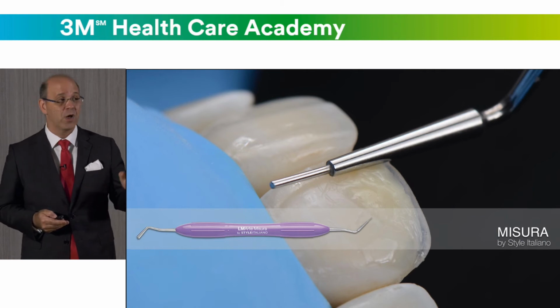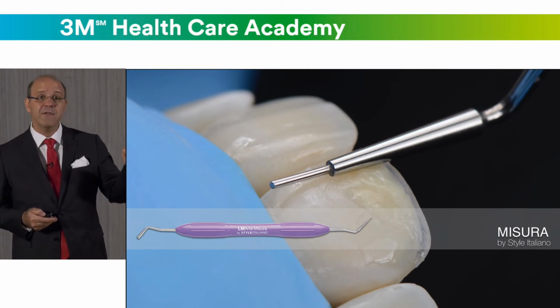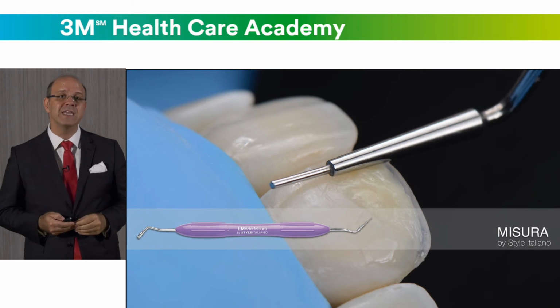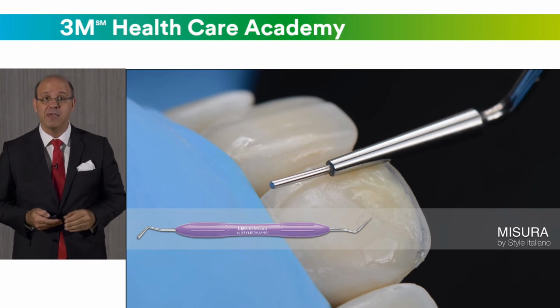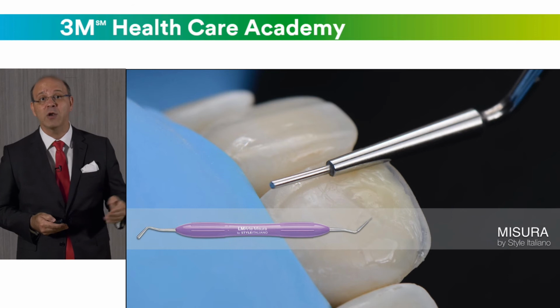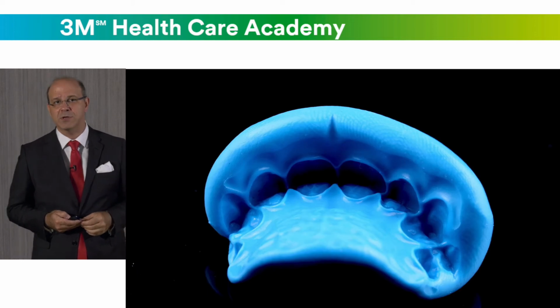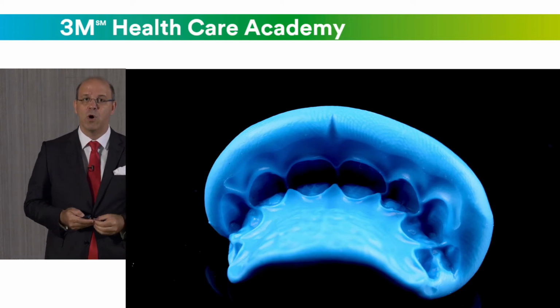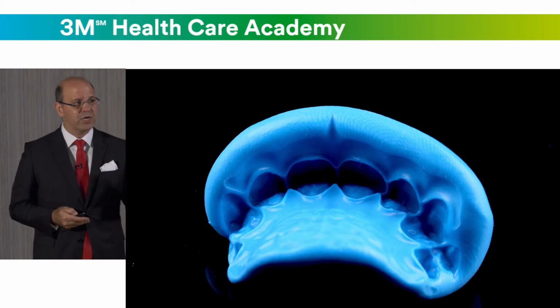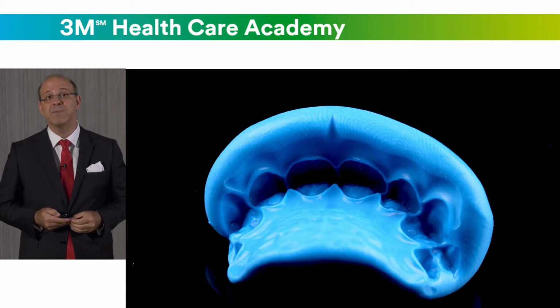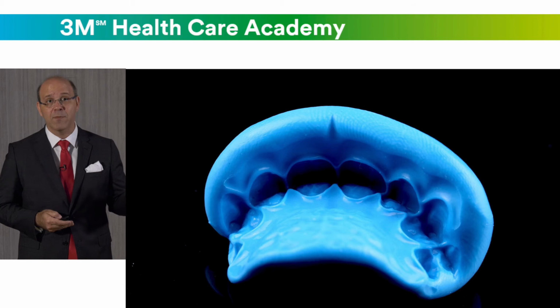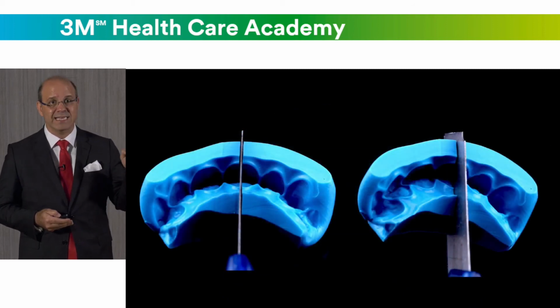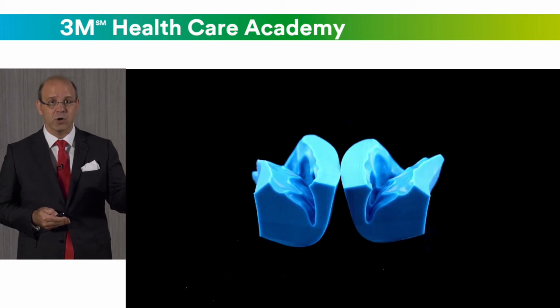Okay, but if, for example, you work with a direct composite veneer, if you cannot hold the Misura, how can you calibrate the 0.5 millimeters? For example, if you have a wax-up, what you can do is take a putty silicone index covering the palatal and buccal surface. We cut the silicone index in the middle, and then we have two parts of the silicone.